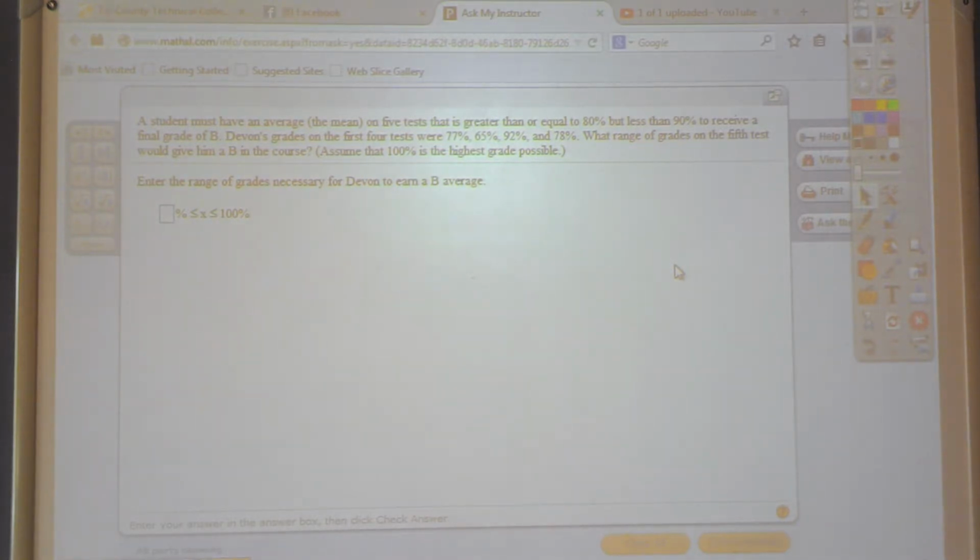I'll tell you this much, everything is going to be between 80 and 90. So you got to put everything in between. Your equation is going to be between 80 and 90. And you're going to have to use equal to on the 80, but less than on the 90.